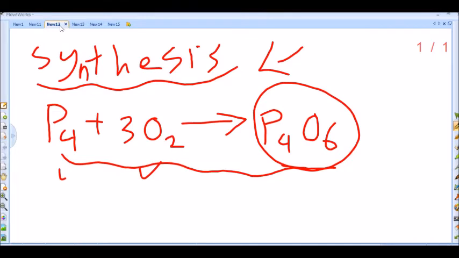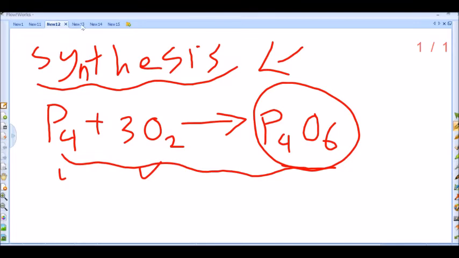For example, when we add phosphorus to oxygen to form P4O6, which is phosphorus oxide. In this type of reaction, we add one chemical substance to another to form a new, more complex one.